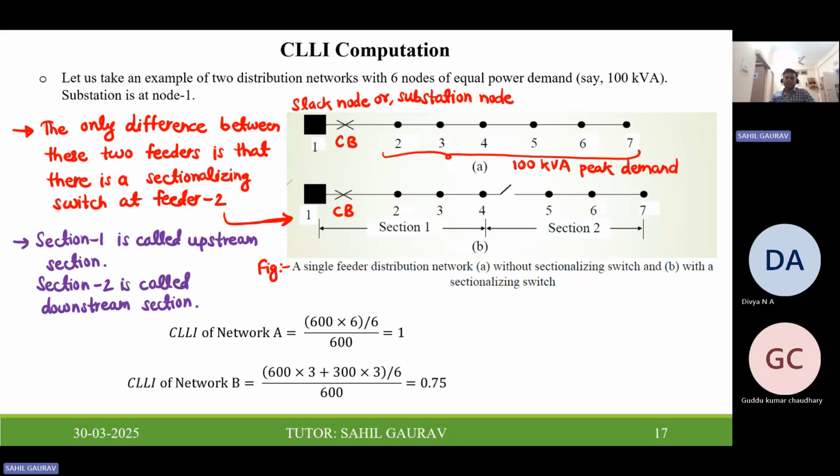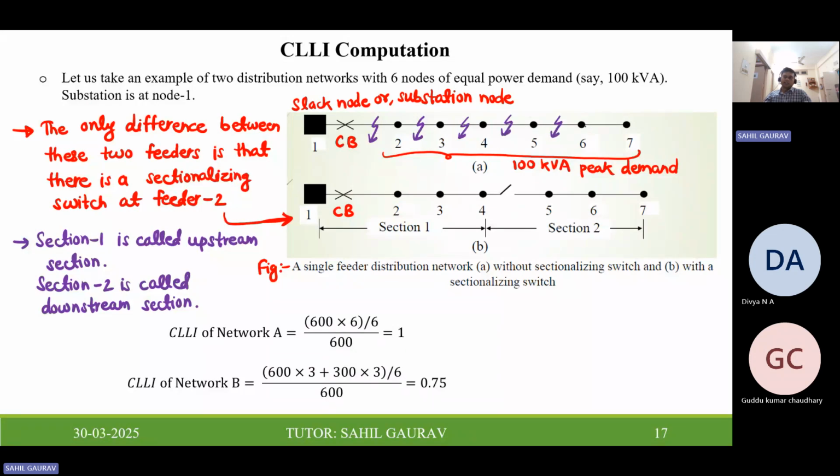Now we will find the CLI for both networks. For network A, since there is no sectionalizing switch, if any interruption happens at any line, like suppose at this line, then 600 kVA of power demand will be interrupted. If an interruption happens at this point, the same thing happens.